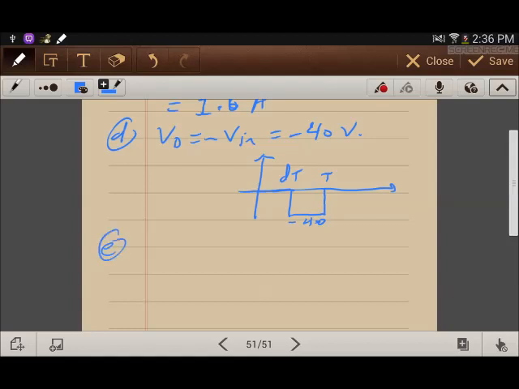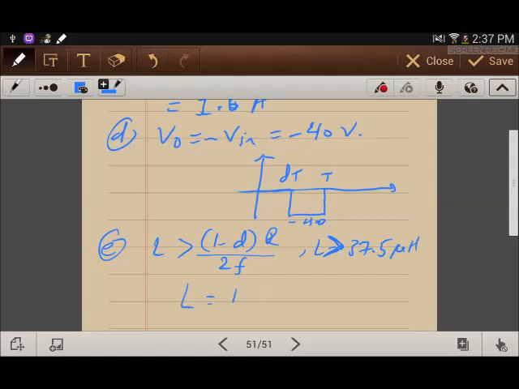For E, they want the minimum inductance that will make this converter work under CCM. So L should be greater than (1 minus D) multiplied by R over 2F. So L should be greater than 37.5 microhenry.